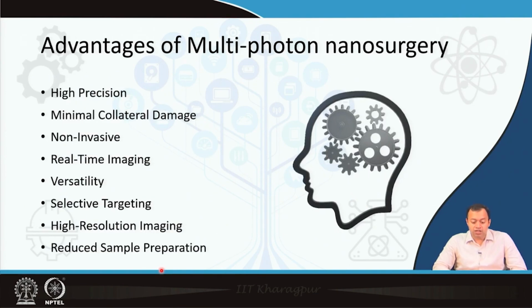There are several advantages, the one being high precision, then you have minimal collateral damage or surrounding damage, non-invasive, or I think it is minimally invasive rather than non-invasive, real time versatility, you can target selective areas, you can even be clever and allow some exogenous fluorophores or exogenous material like nanoparticles to be attached at specific areas of the brain and then send the laser light specifically there to create this bubble, which will then in turn disrupt the laser.